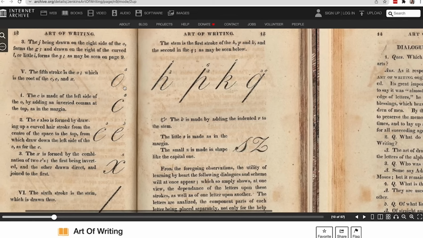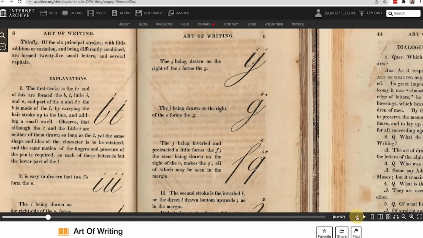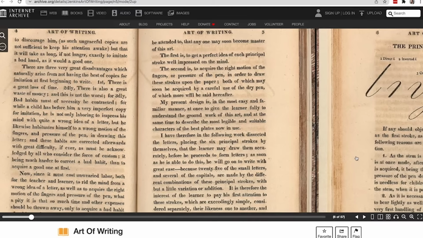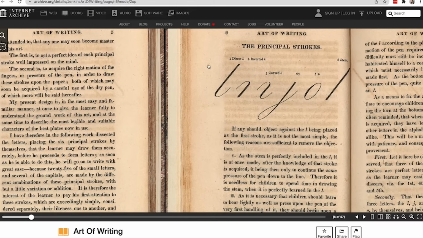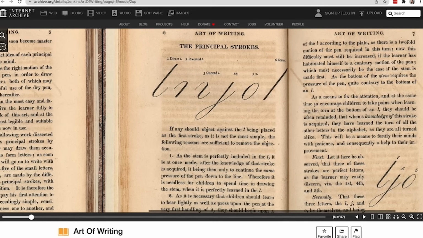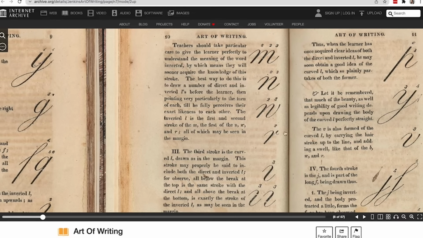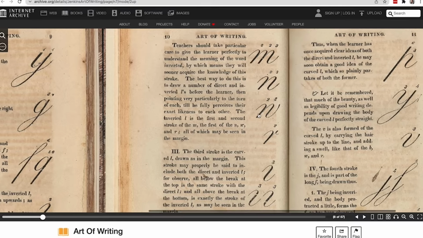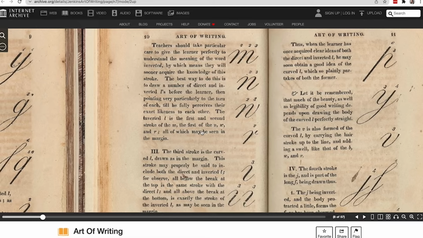So here you can see all of these strokes are numbered. If we go back to that first page that had them listed, they're numbered 1 through 6, and these are used when explaining how to form the letters here. So this is a combination of 2 and 3. This is something that we have seen commonly in these historical references, is just numbering the strokes rather than always referring to them by their name.